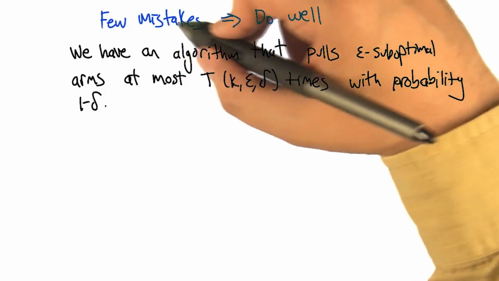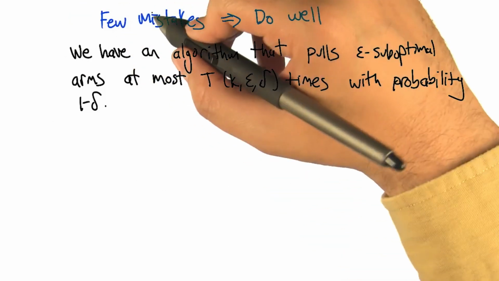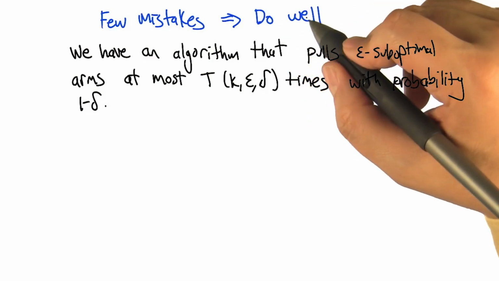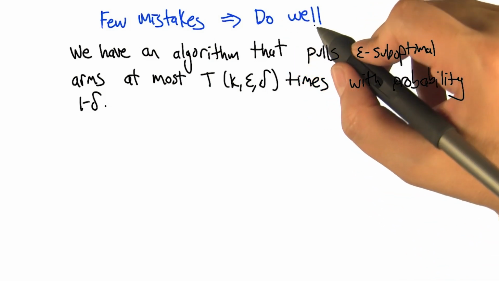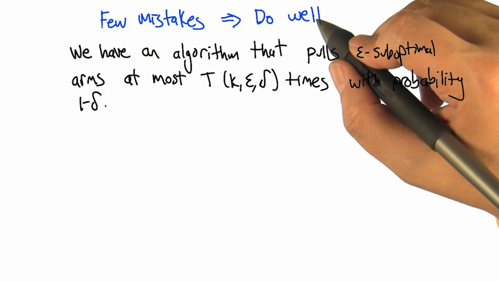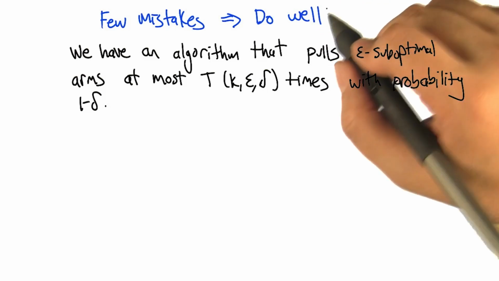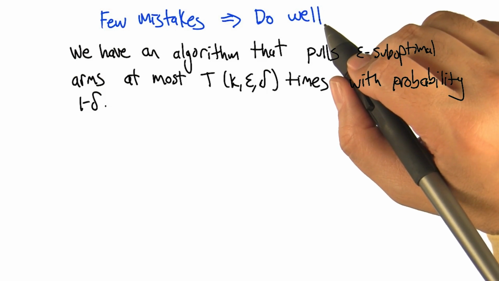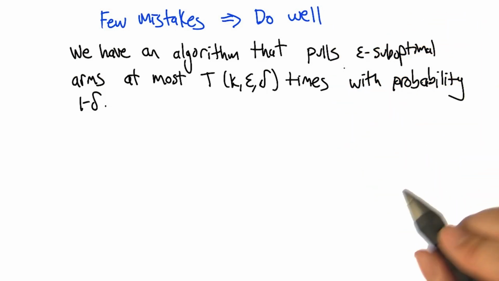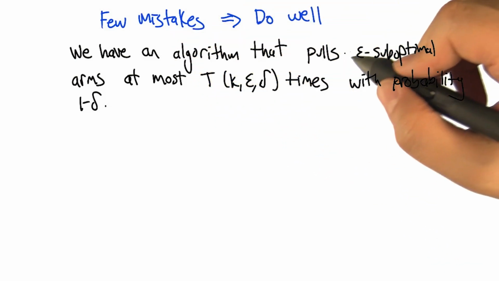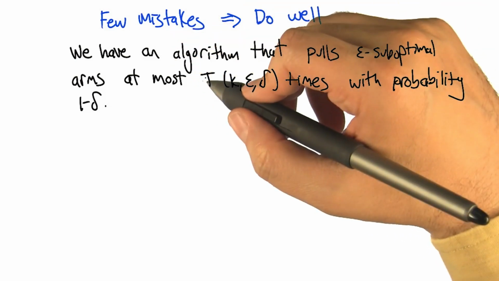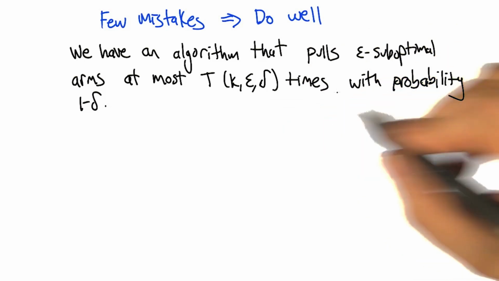All right. So the next thing we want to show is that if we have an algorithm that has a bounded number of mistakes in the sense that we just talked about, that algorithm will eventually do well, in the sense that it will achieve a total reward that is arbitrarily close, epsilon prime close, to the per step optimal reward. So let's imagine that we have an algorithm that pulls epsilon suboptimal arms at most this bounded number of times with high probability.